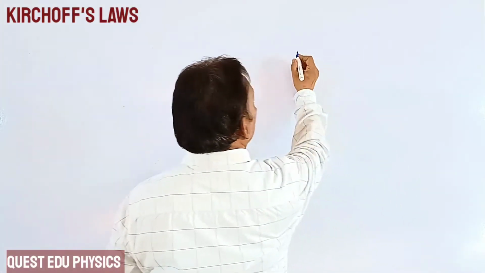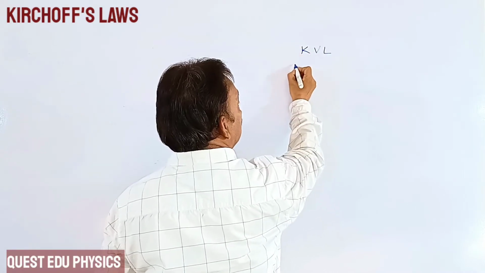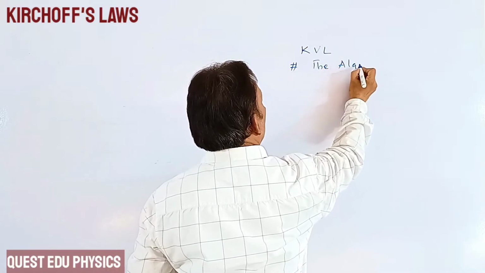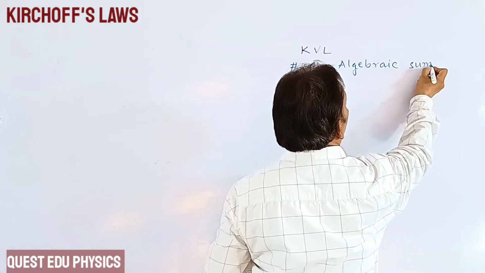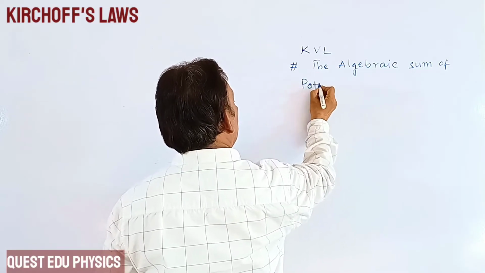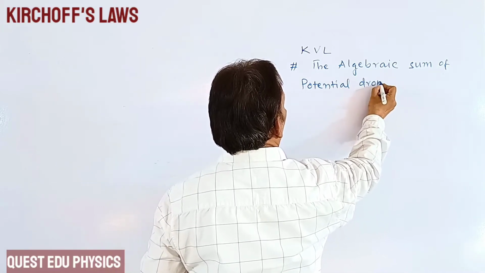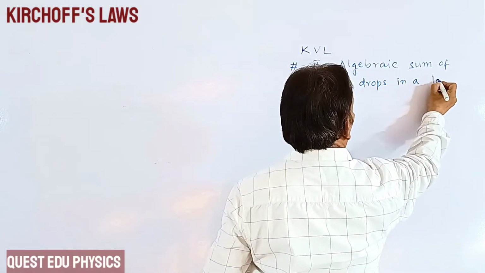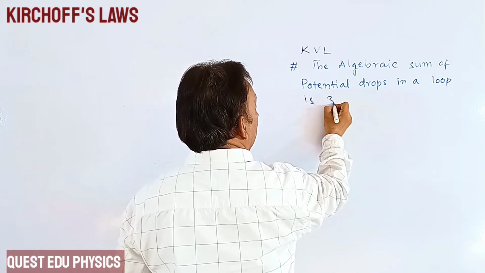The statement of KVL, Kirchhoff's voltage law: the algebraic sum of potential drops in a loop is 0.